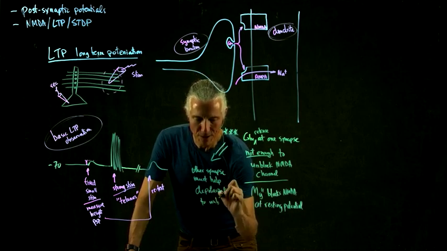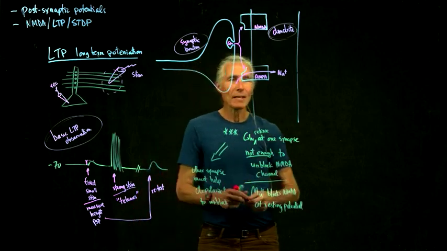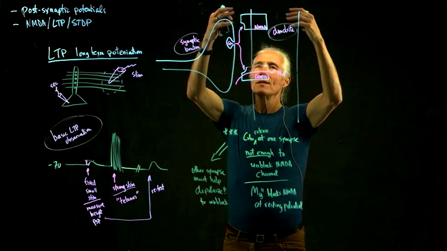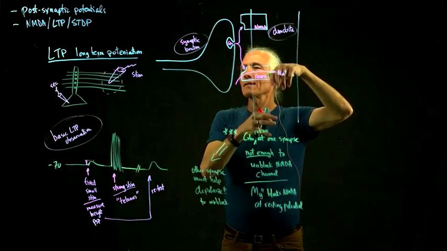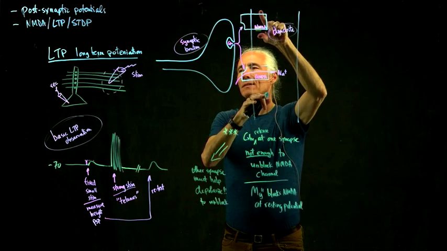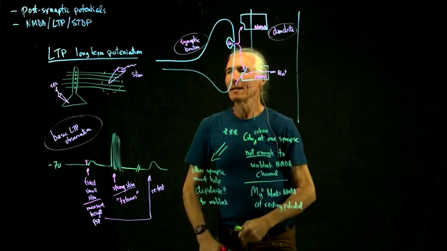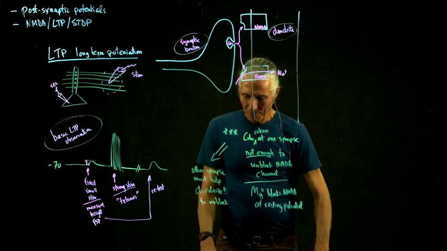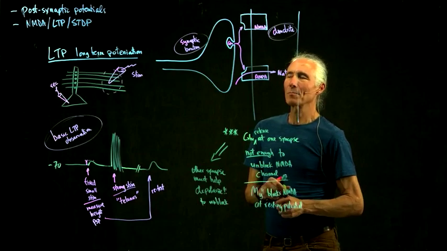You won't get anything going through the NMDA channel unless some other guys somewhere else on the dendrite have also opened up AMPA channels and gotten some depolarization going, so that this guy can experience enough depolarization to unblock himself, and then allow the glutamate to open the channel. That's basically what's been figured out.